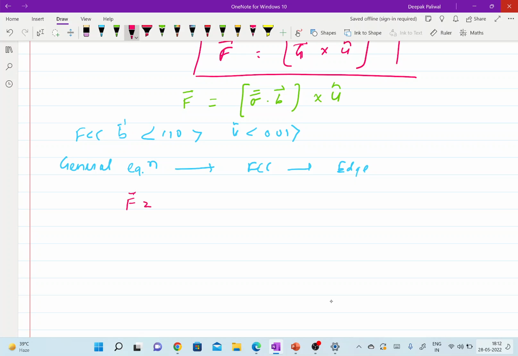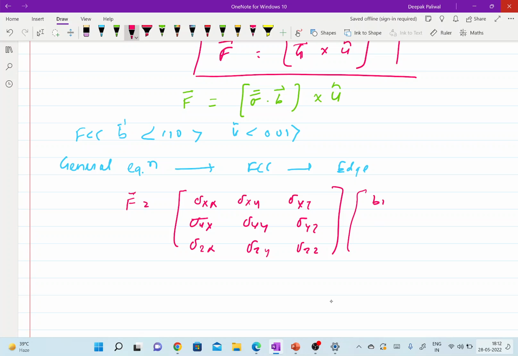Force is equal to the matrix sigma xx, sigma xy, sigma xz, sigma yx, sigma yy, sigma yz, sigma zx, sigma zy, sigma zz, times bx, by, bz, the components of the Burgers vector along x, y, and z, cross ux, uy, uz.